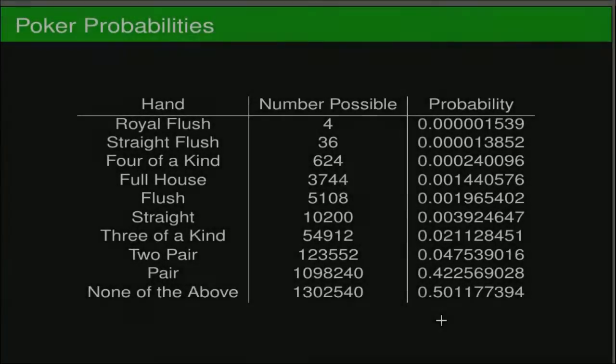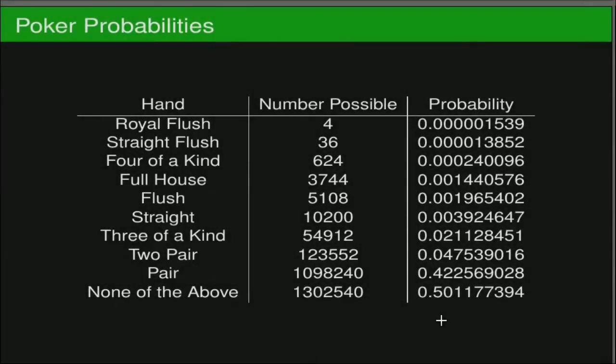So then to put that in context, for each one of the types of hands that we have, there's only 4 possible ways of getting a royal flush, which gives an incredibly small probability. Straight flush, we figured, and 4 of a kind, not too much better. Full house. Flush.